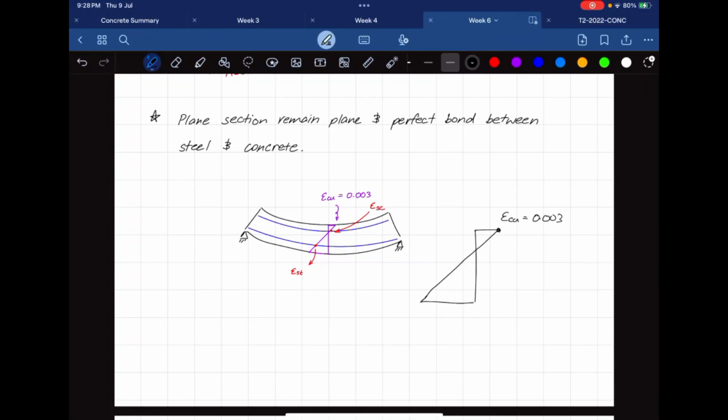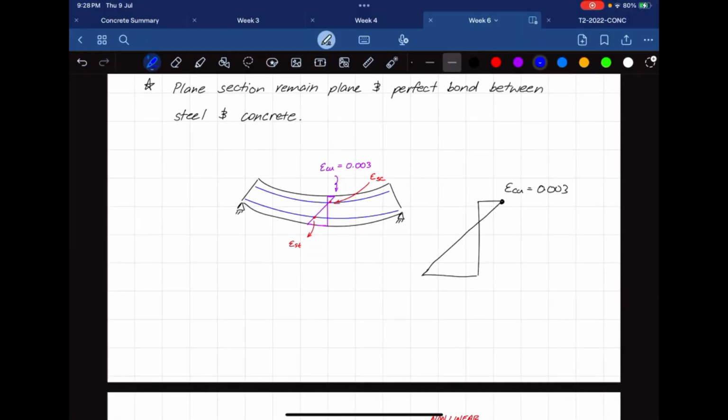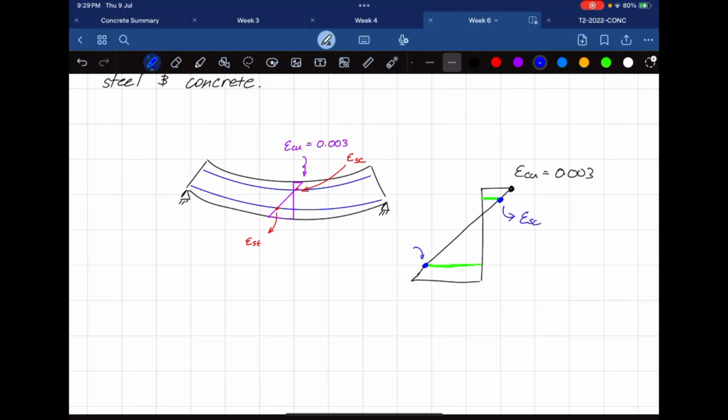So that's this value here. And we know that we have compressive bars and tensile bars here. At each of these points, we also have a certain strain value, which, as we know, this is dn. Using similar triangles, we're going to have to figure out what this value is. So I'll give you a quick example.